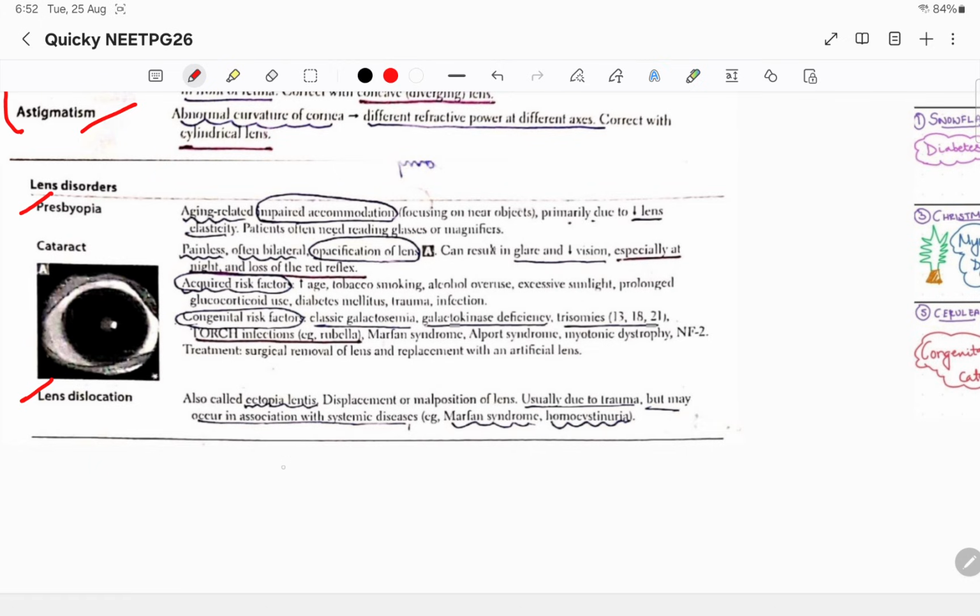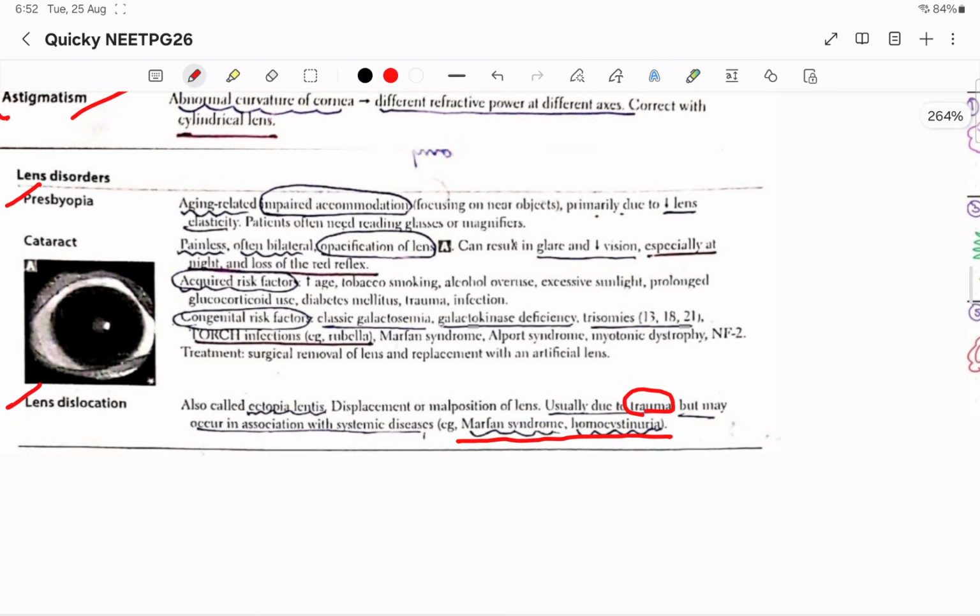In Marfan's, fan meaning fan out, whereas in homocystinuria the lens fans down. So this is the thing with respect to lens dislocation. It might also happen with trauma. Again, Marfan syndrome and homocystinuria are systemic disease associations.